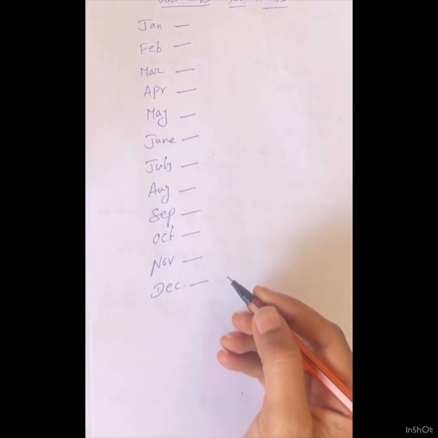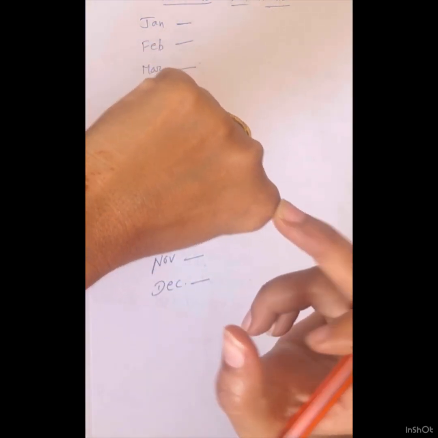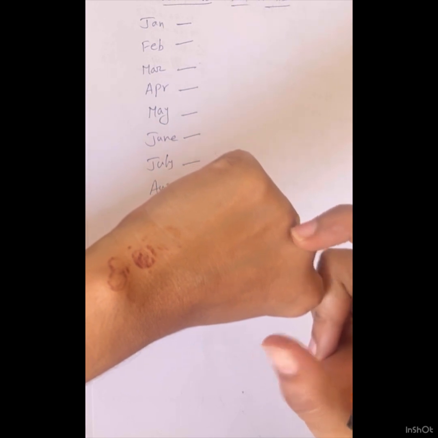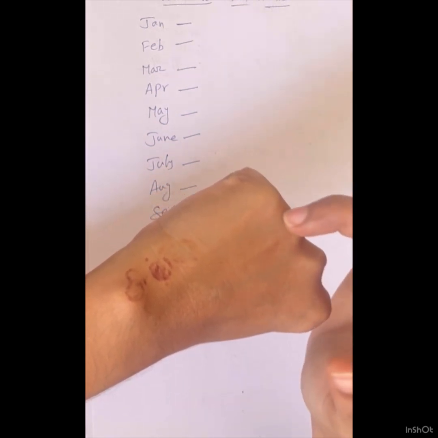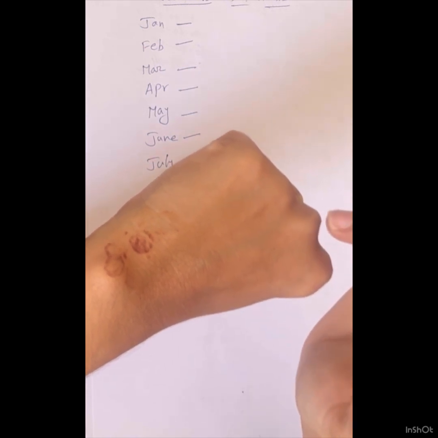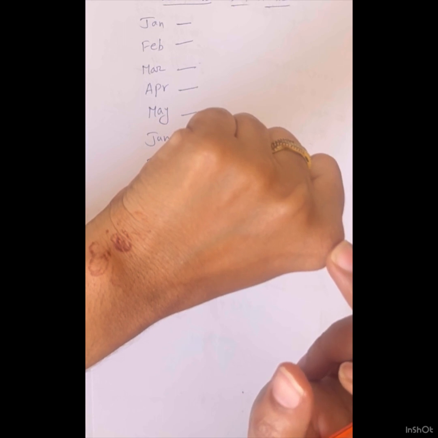Okay, after that we must convert the days into odd days. So I think everyone knows this. January, February, March, April, May, June, July, again August, September, October, November, December. So this represents the 31 days.